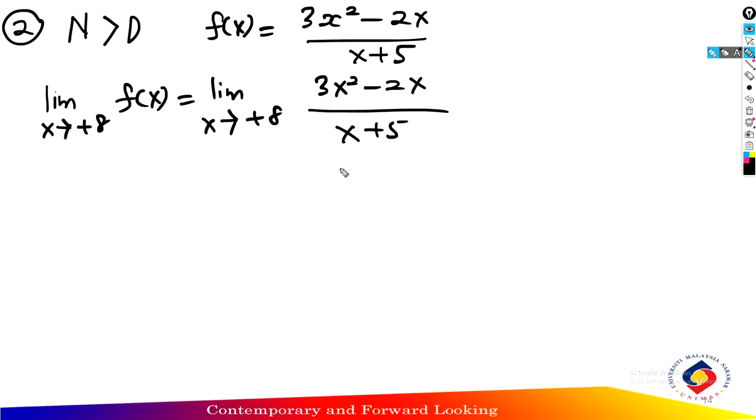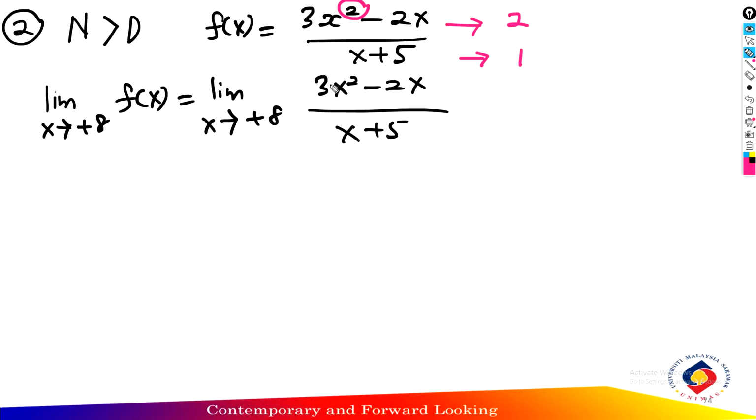First check the degree of the numerator. The degree of the numerator here equals 2, and the degree of the denominator here equals 1. So the degree of the numerator is greater than the degree of the denominator. So your limit will equal positive infinity or negative infinity, depending on the leading coefficient.